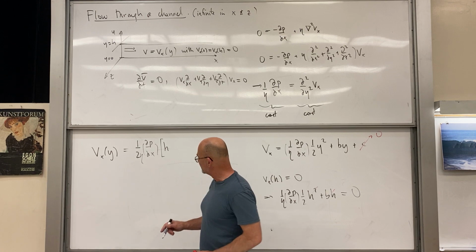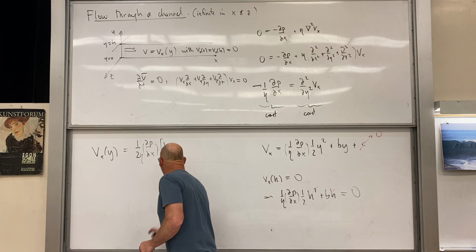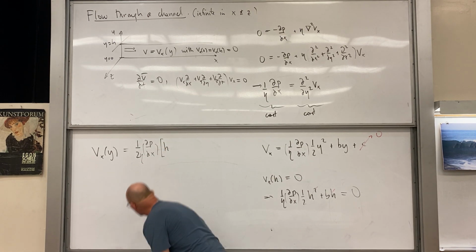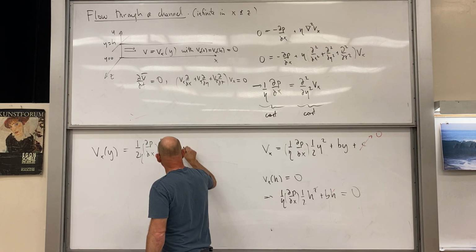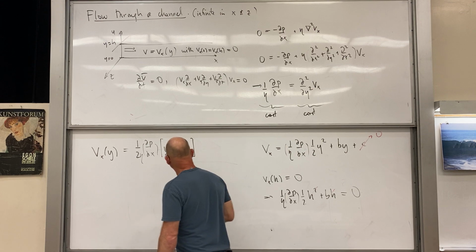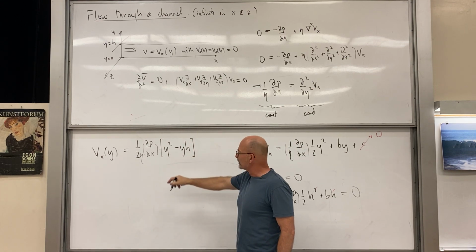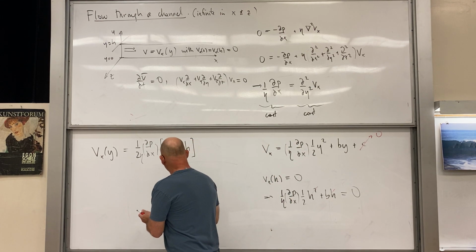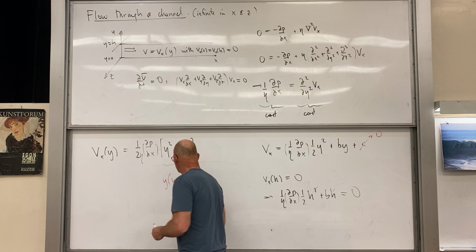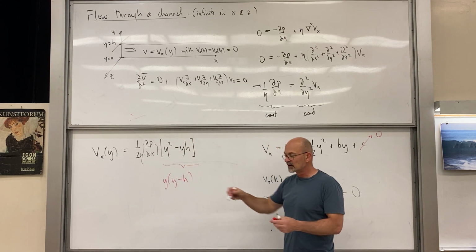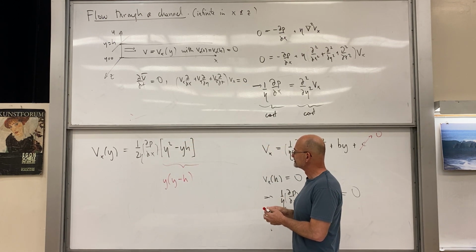Let's write it down both ways. We can write y squared minus y times h like that, or we could factor out one of the y's as well. I'll just put that underneath. Y times y minus h. This one makes much more explicit what's going on there.